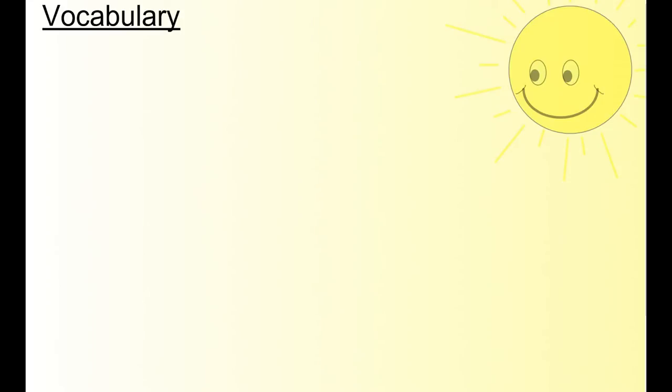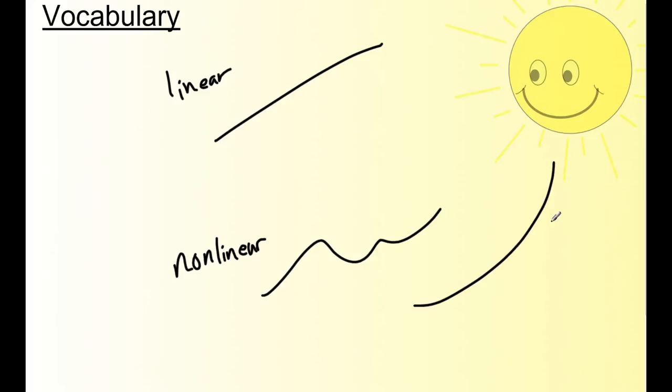That's right. Nothing new today. The two vocab words that we're using the most in this lesson are going to be linear function and non-linear function. So you got your linear, which is just basically a straight line. You've got your non-linear, which is not a straight line. It could be like this, it could be like this, it could be like that.